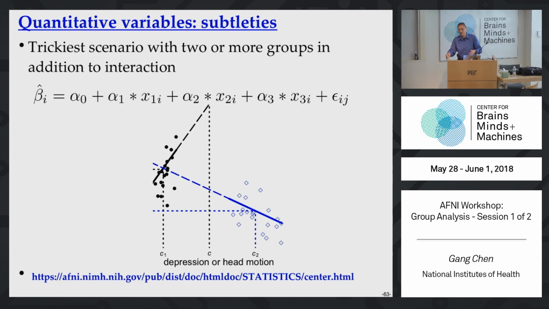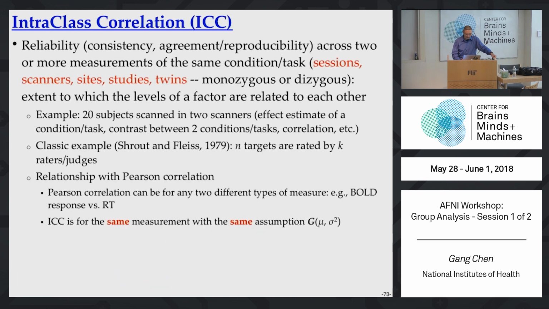That depends on the situation, on where you center it. The group difference could be dramatically different. Here, this dashed line in the middle means you center around the common mean, so the two-group difference is huge. If we move to here, or to here, then the difference would be dramatically different. That's something you have to be mindful about. So that's about the centering.